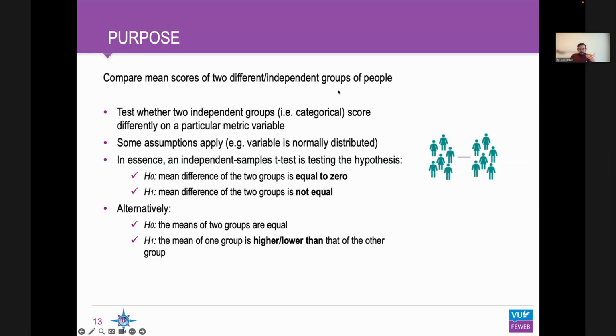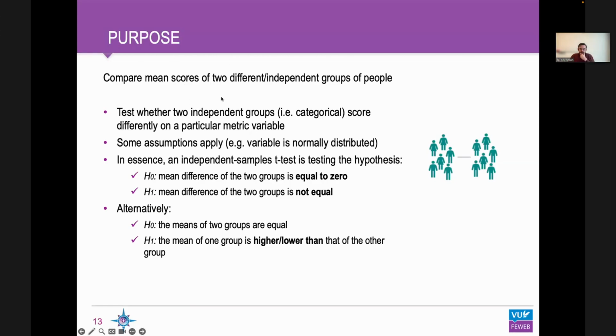And the groups then are either nominal or ordinal, right? If you have a grouping variable, this is nominal or ordinal, but you have the mean, which means that your dependent variable is metric.